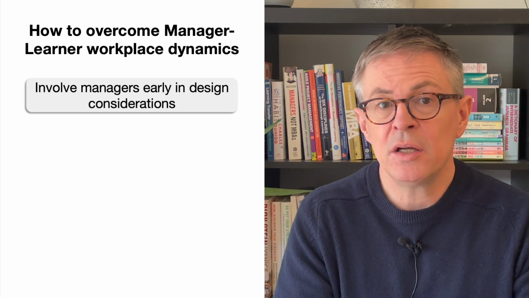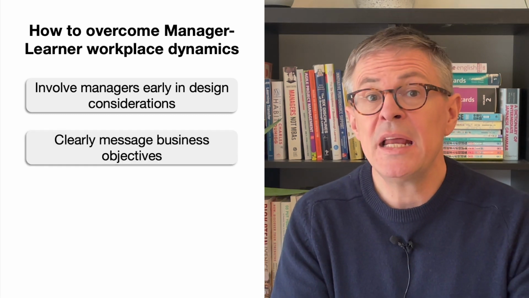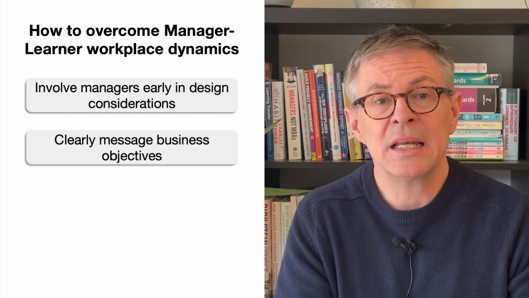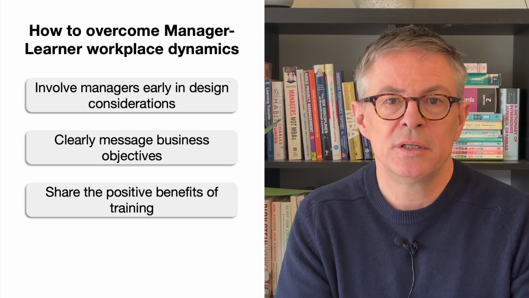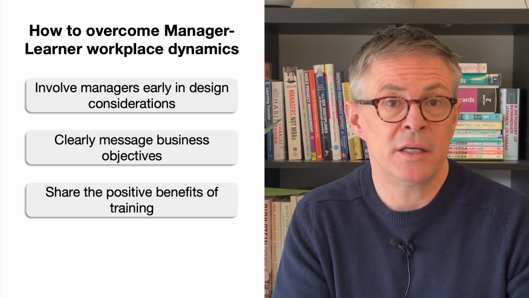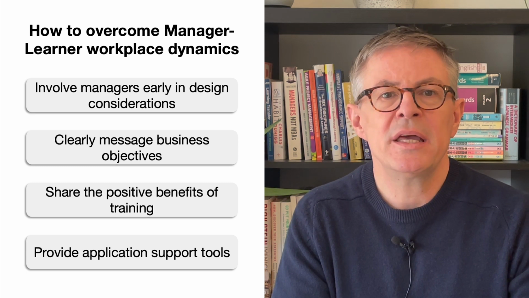Some of the things you can do to overcome workplace dynamics is to involve the manager in early design considerations. Make sure that obtainable business objectives are clearly messaged. Show how changing things up affects tasks positively in the workplace, and create support tools that make application smoother for learners and managers.